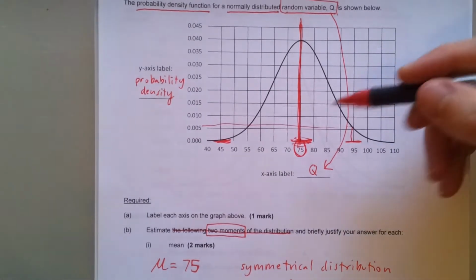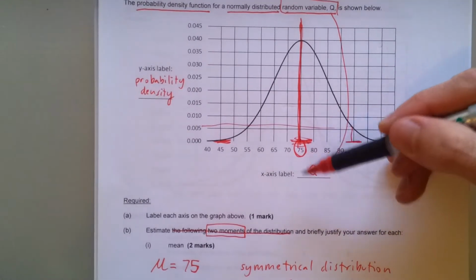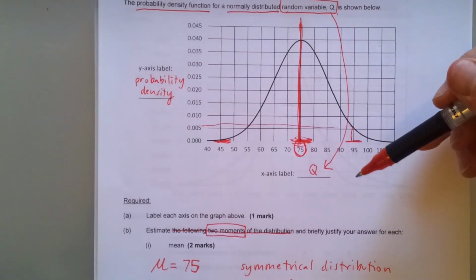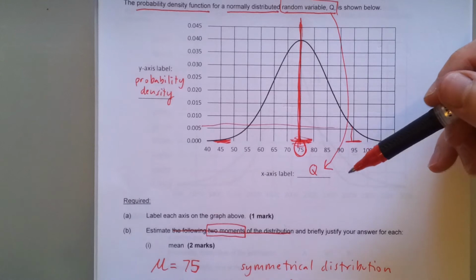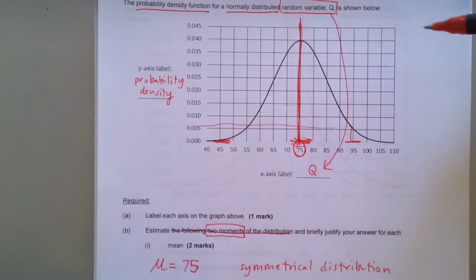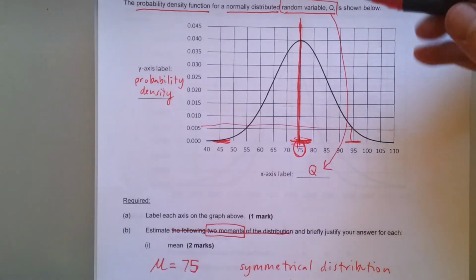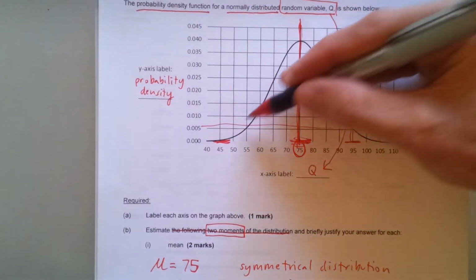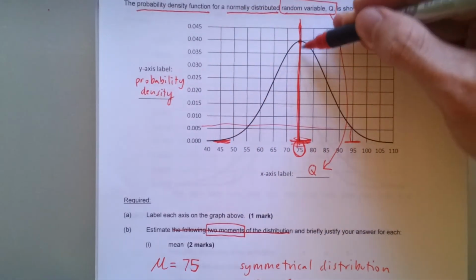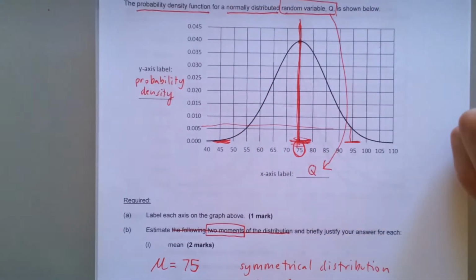Now for the normal distribution, the mean, the mode and the median, which are all measures of central tendency, are identical. So we've talked briefly about why the mean is 75. When you're looking at a probability density function, the mode is always the most frequent value, so look for where the PDF has its maximum probability density, that's here, and the value down here will be the mode.